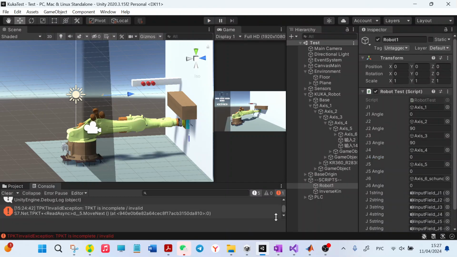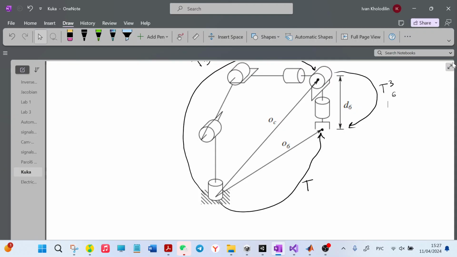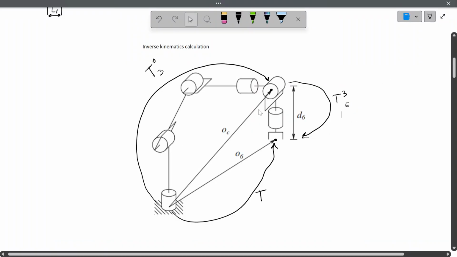So that's why we take it into consideration when we calculate inverse kinematics. So this point position depends on the previous three joints, and the next three joints just change orientation. So that's why we can firstly bring the inverse kinematic calculation to two parts.